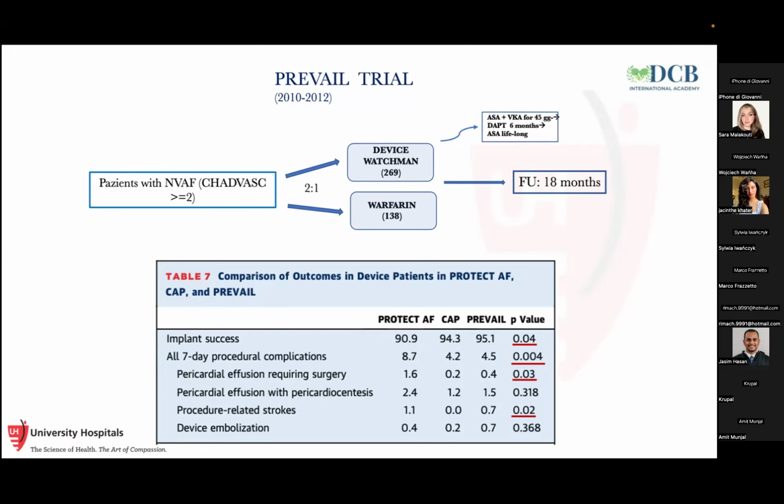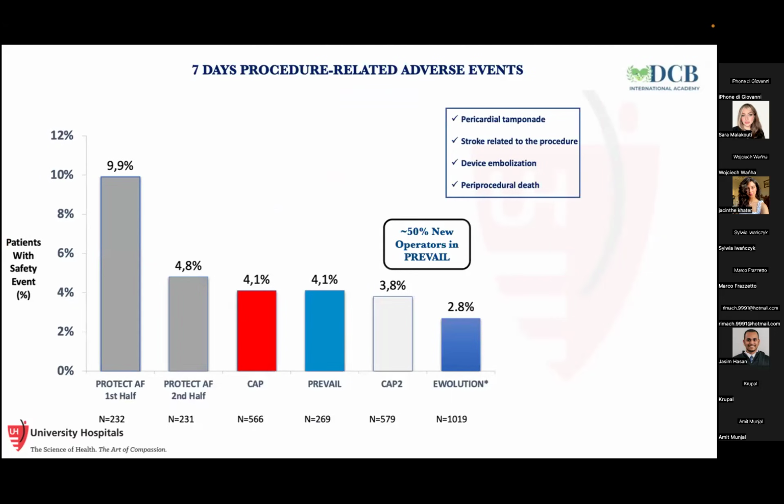And this is very important because it showed that probably the main issue with the procedure was the operator experience. As you can see, during the years, we started from PROTECT-AF, with 10% of procedural complications, and we arrived now with the EVOLUTION registry, where the number of complications is 2.8% nowadays.